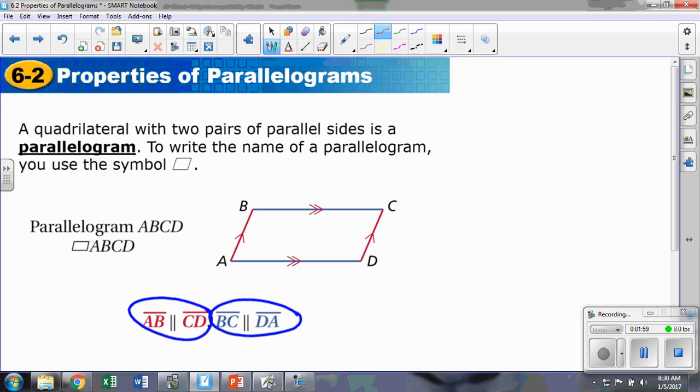This is, of course, significant for us because back in the last semester, we spent a significant amount of time working with parallels. And we saw a ton of times that you could draw in transversals, and that would give you corresponding angles congruent. It gives you same side interior angles are supplementary.